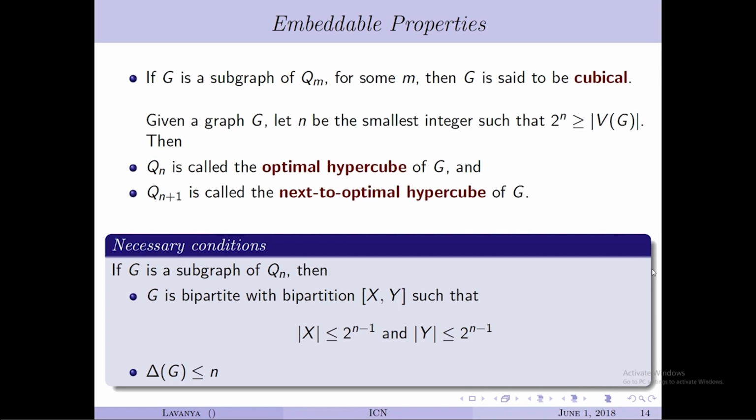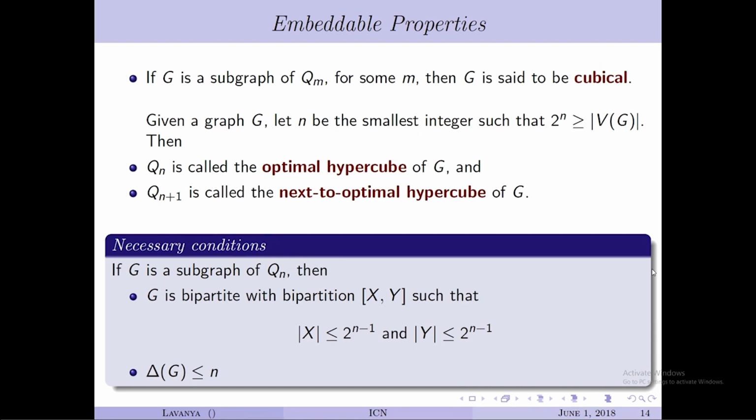If the given graph is non-bipartite, obviously it is not going to be a subgraph of my hypercube, which is a bipartite graph. So, G should be a bipartite graph such that when I look at the partition, each part should contain at most 2 power n minus 1 vertices, because I know my hypercube contains 2 power n minus 1 vertices in both the partitions. This condition is also something interesting to see.